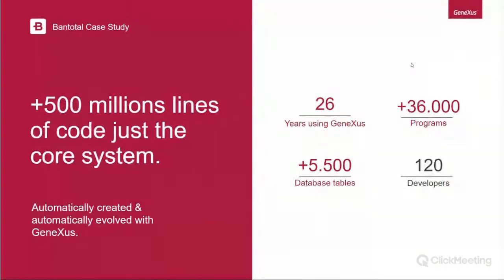So thanks to the developer-based licensing model that Genexus has, it is possible to create software and to evolve it through time, having the possibility to take advantage of having the higher return on the investment.